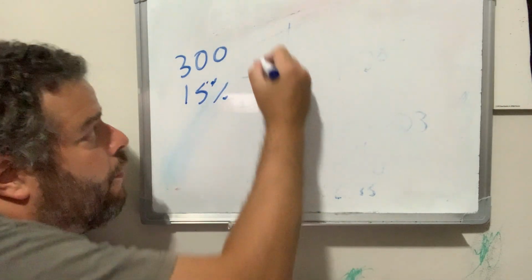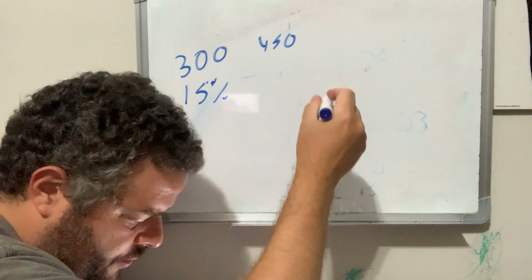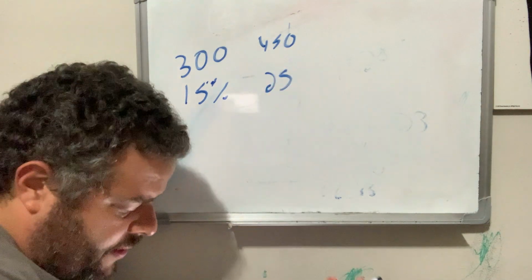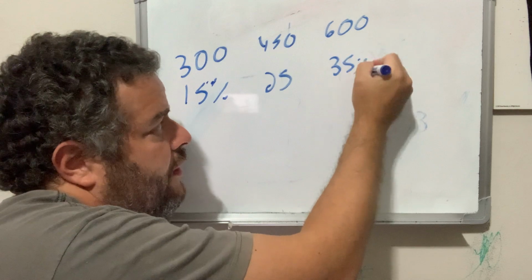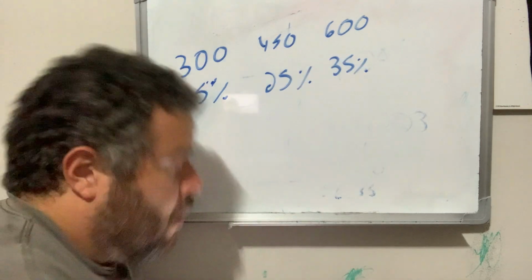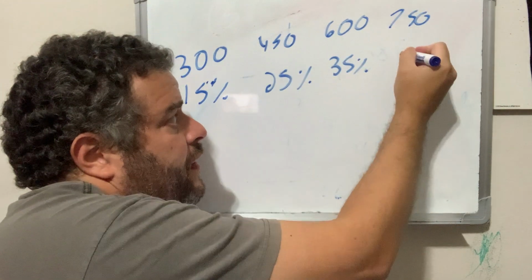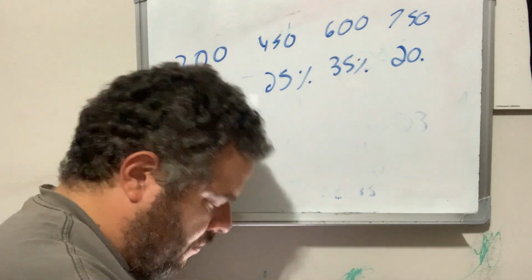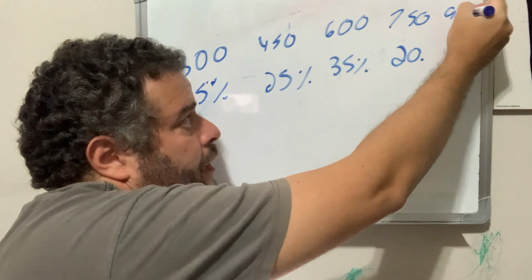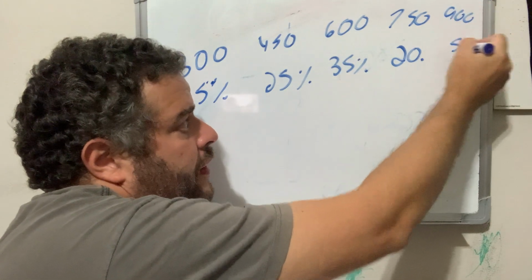You make $450, 25% of the time. You make $600, 35% of the time. You make $750, 20% of the time. And you make $900, 5% of the time.